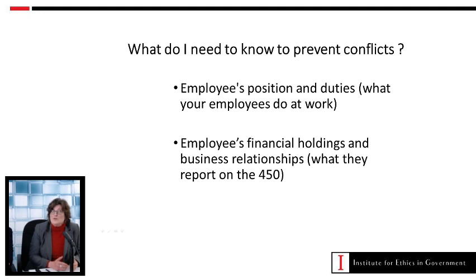So one way that we could think about the 450 is that it's compulsory advice and counsel. Right. What we're doing is identifying people who must receive advice and counsel before they proceed to work on matters.